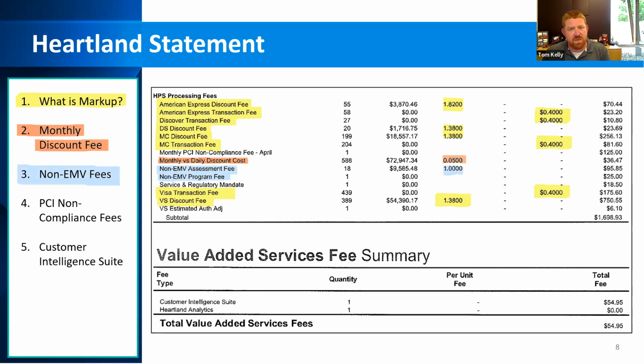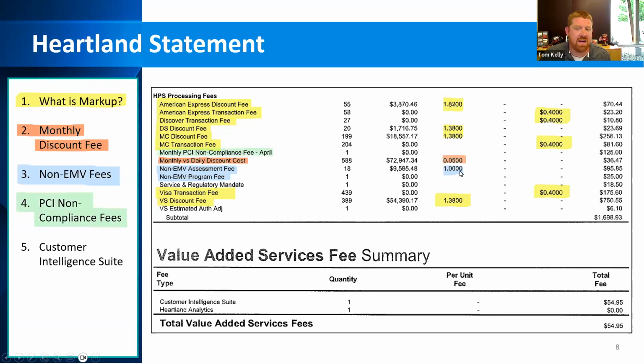Another thing we're starting to see from some processors are these non-EMV fees. As of today, there's no difference whether you use a chip card or don't use a chip card when swiping a card. But what Heartland's doing is anytime your volume of non-EMV, so not inserting a chip card, is over 10% for the month, they're going to charge us $25 a month.